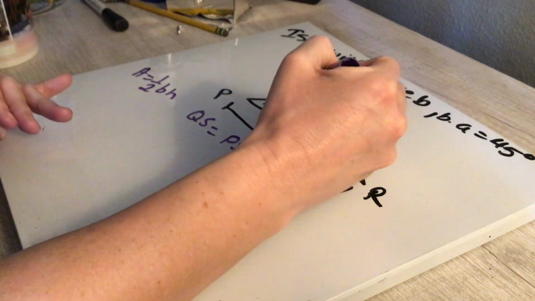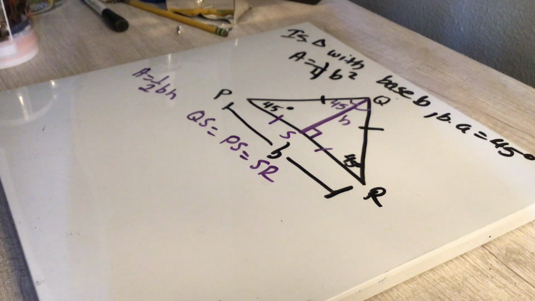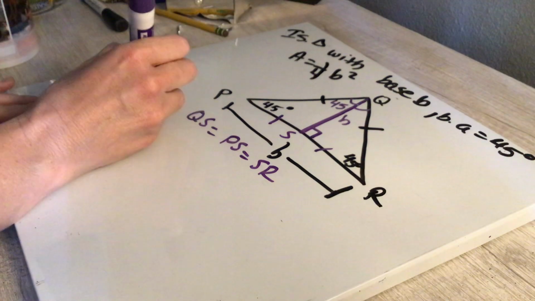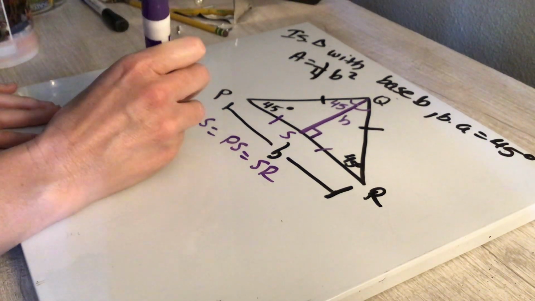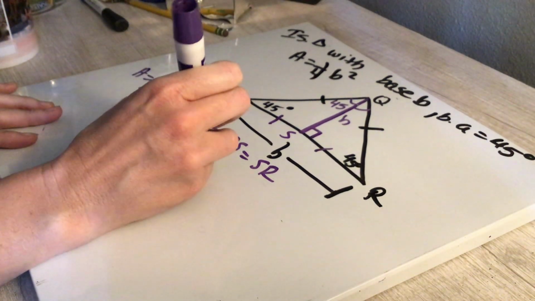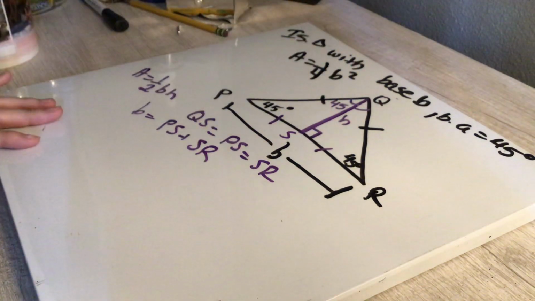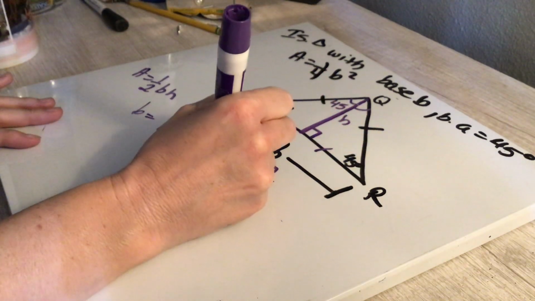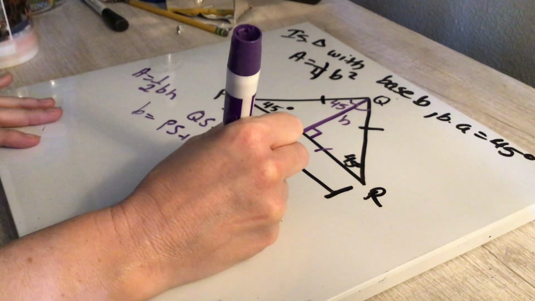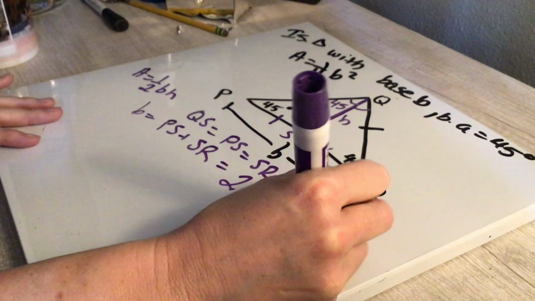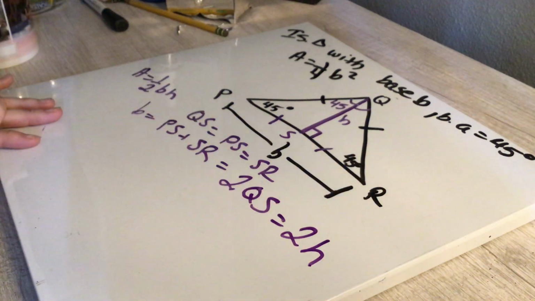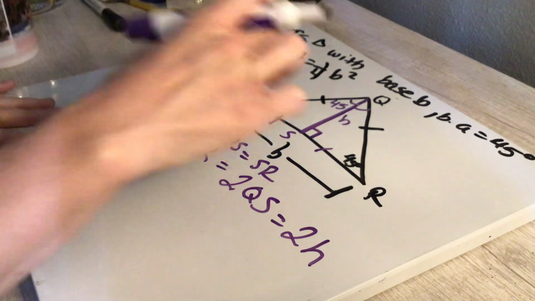So the sides opposite the 45-degree angle are congruent. Okay, so since we look here and we know that the base is going to be PS plus SR, okay? QS is the height, right? We can say then that the base is twice the length of QS, which is twice the height, okay? Because QS is the height.